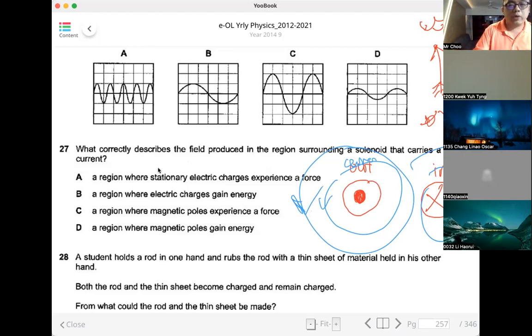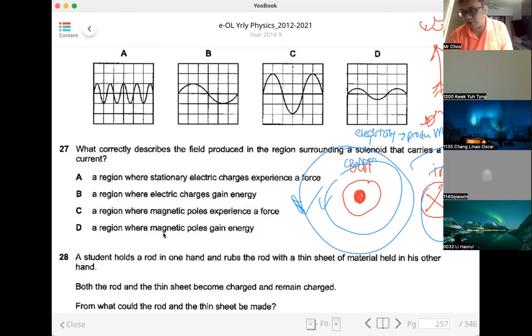So in this question here, they're asking you, what is the magnetic field that is being created when you have a source of electricity? So having said that, what is the answer for this now? Your answer should be, okay, this solenoid is electricity, electricity produces a magnetic field.